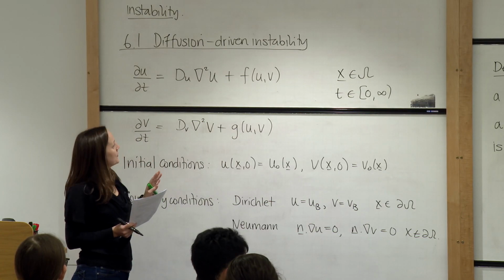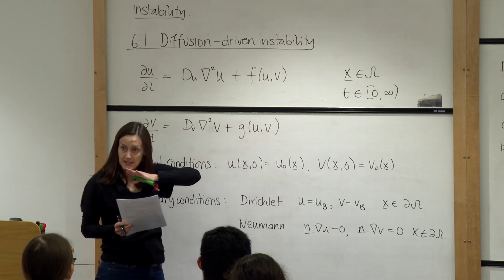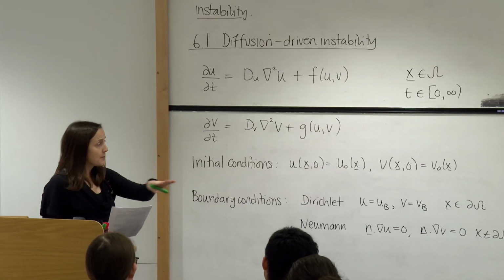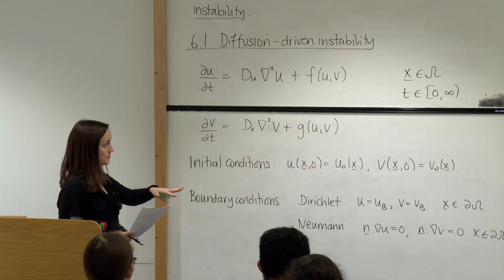And what I want is, if I don't have any diffusion present for my spatially uniform steady state, so no spatial gradients or heterogeneities, I want the system to just happily sit there and be stable to small perturbations. That's what's going to happen.